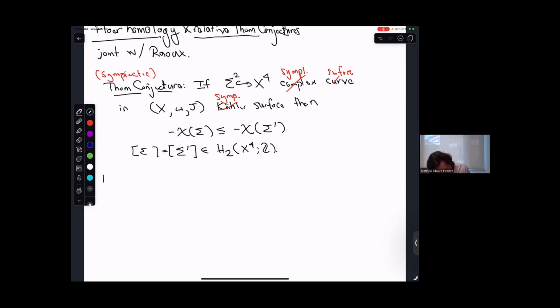I think maybe Thom raised this question pertaining to CP2, but it's been subsequently proved in complete generality. First Kronheimer-Mrowka proved some special cases of it for a certain class of Kähler surfaces in the context of instanton Floer homology.